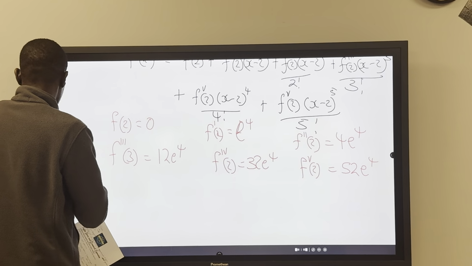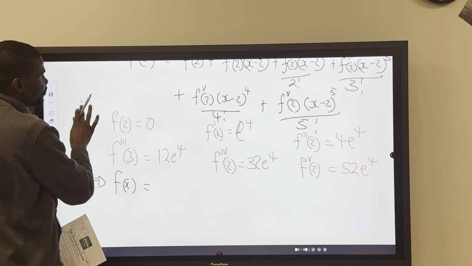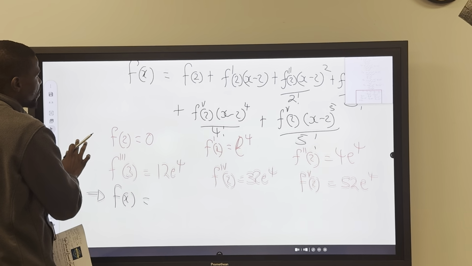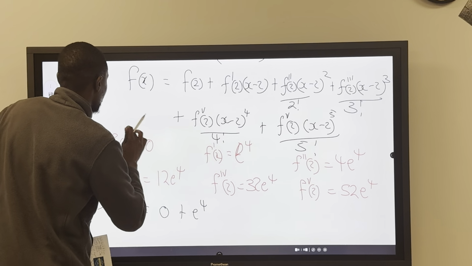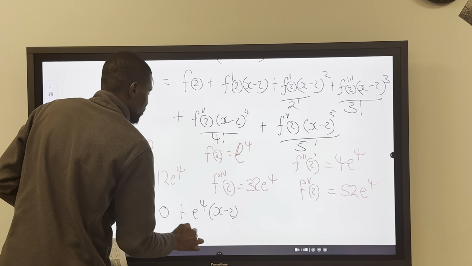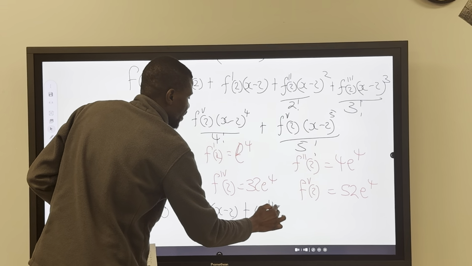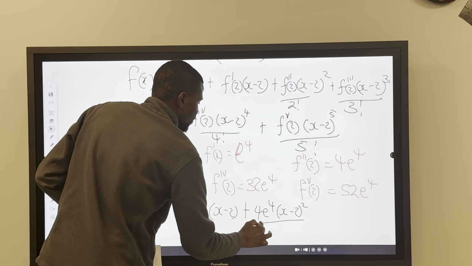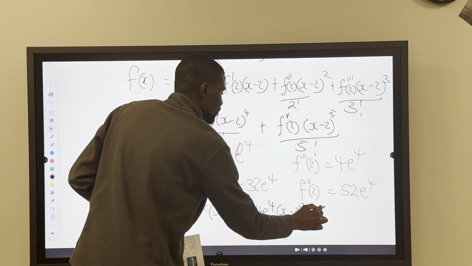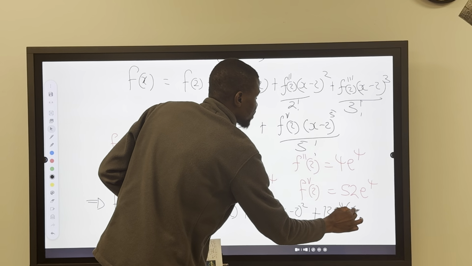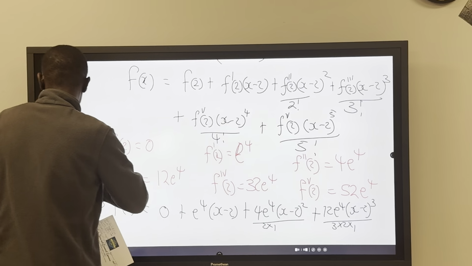So if we plug into the formula, this implies that the function of x, remember this part is 0, so it's going to be 0 plus e to the fourth times (x minus 2), plus 4 e to the fourth (x minus 2) squared over 2 times 1, then plus the third, it's 12 e to the fourth (x minus 2) cubed over 3 times 2 times 1.